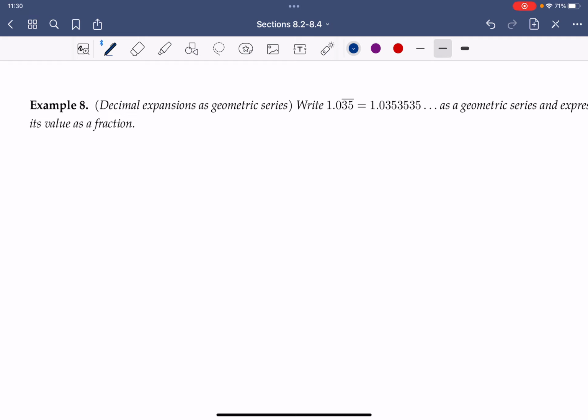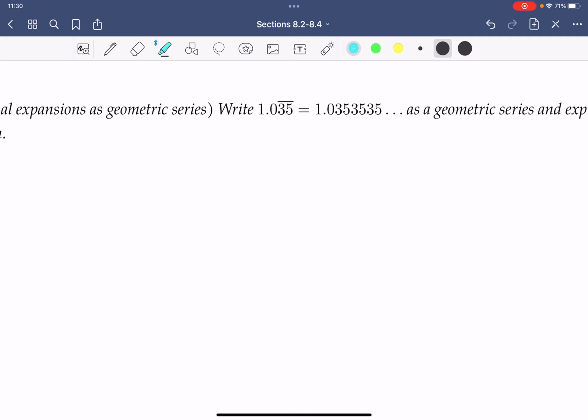Suppose that I have 1.035 and then repeat. So it means 1.035, 35, 35, 35, and so on. How do you write this number in terms of the fraction?